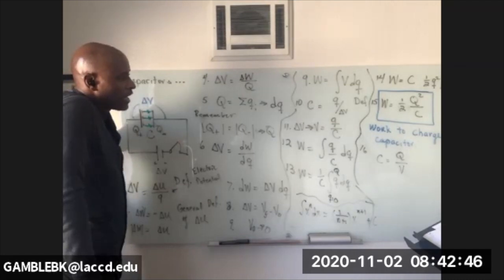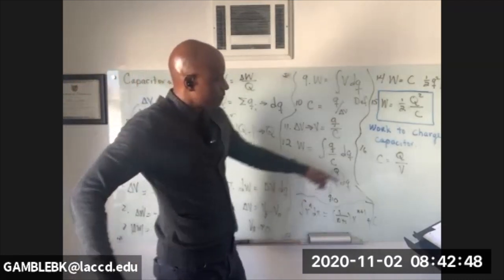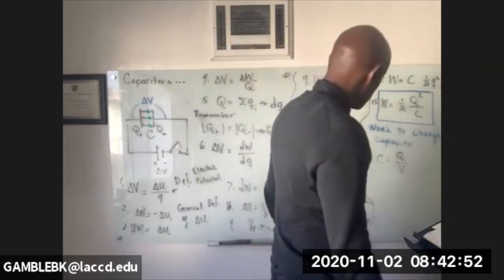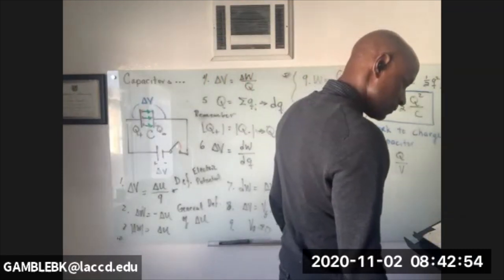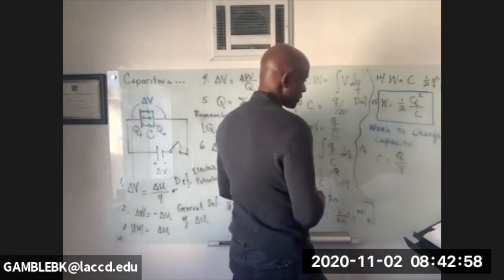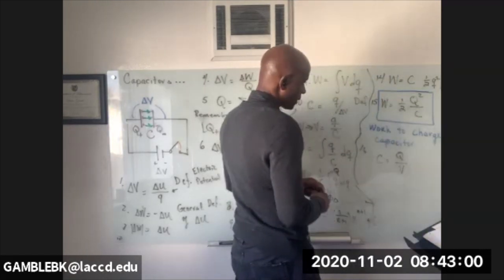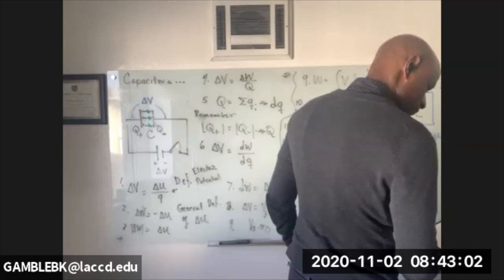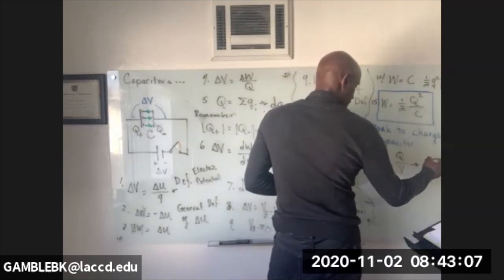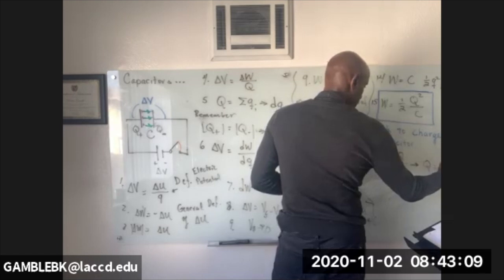So which one do I want to go with first? Let's solve this for charge and do that one first. Let's substitute for charge, and we're going to get that the charge is equal to C times V.